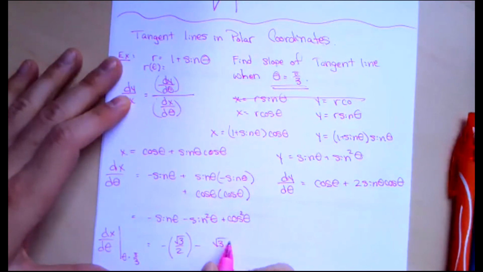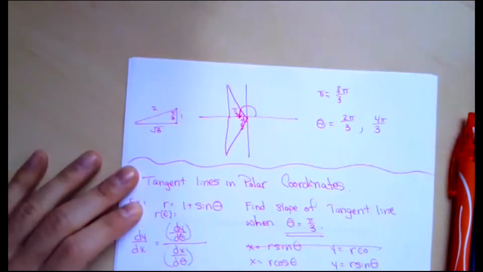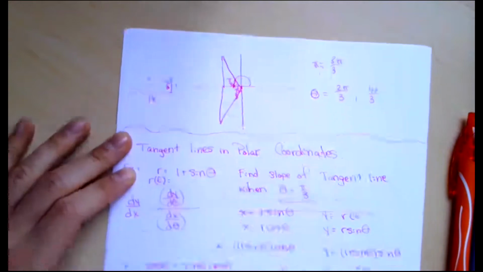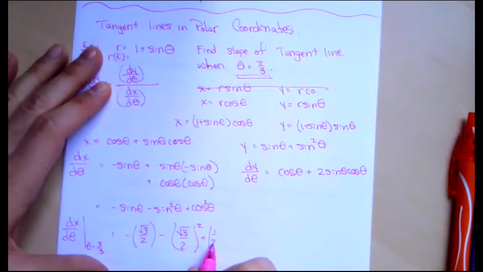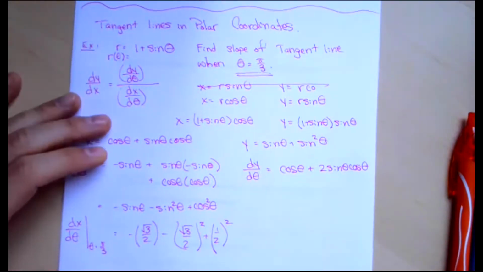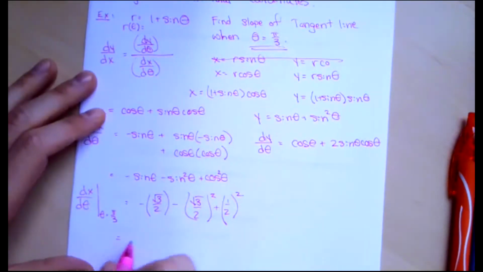Minus square root of 3 over 2 squared plus cosine is then going to be 1 over 2 plus 1/2 squared. And let's see, can we simplify this much?